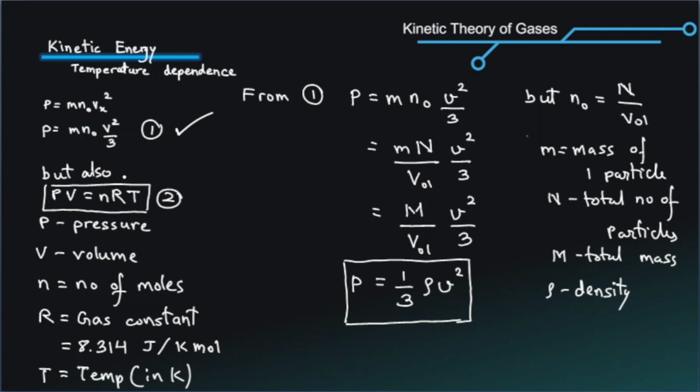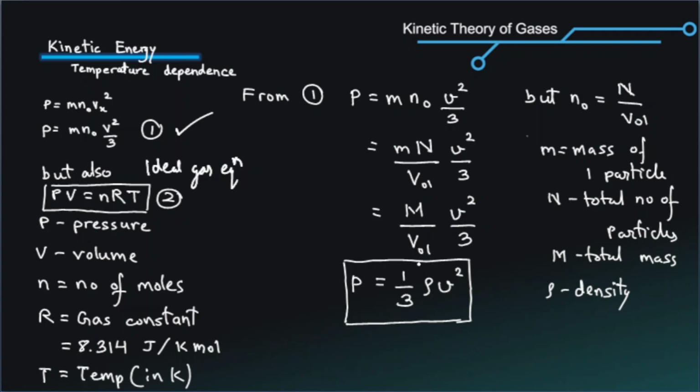But we also know there is something called the ideal gas equation, right? So ideal gas molecules are supposed to follow the law PV equals nRT, where the values are as mentioned. P is the pressure, V is the volume, n is the number of moles, R is the gas constant, T is the temperature, and so on. Now this is another way to write pressure.